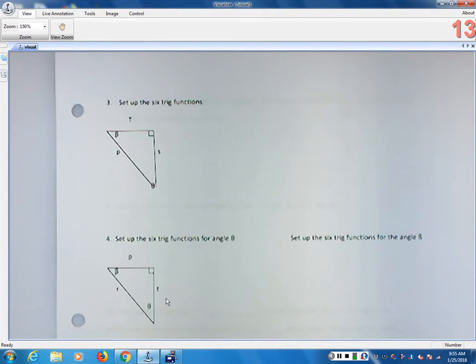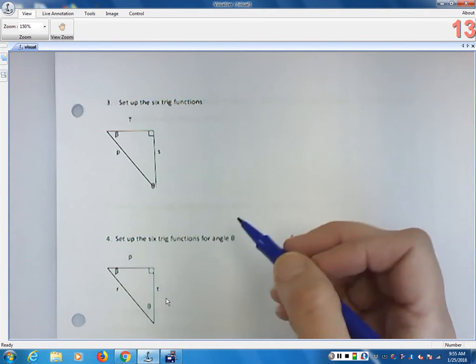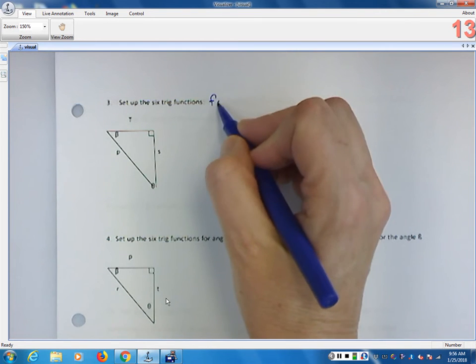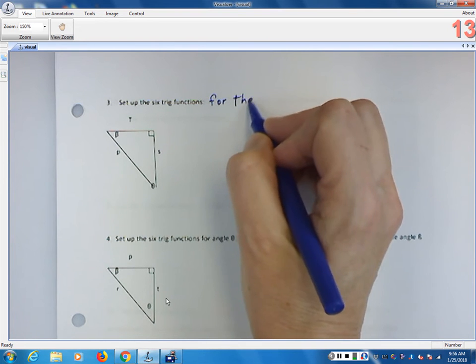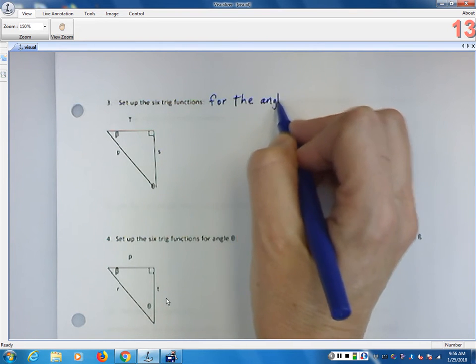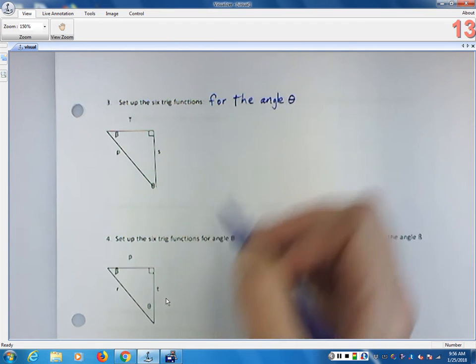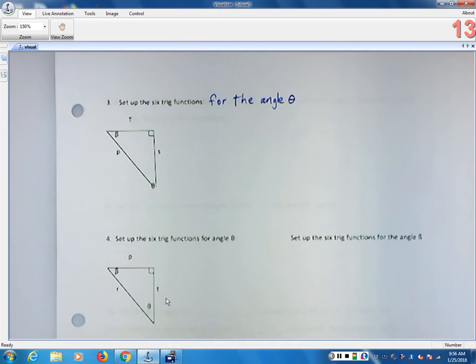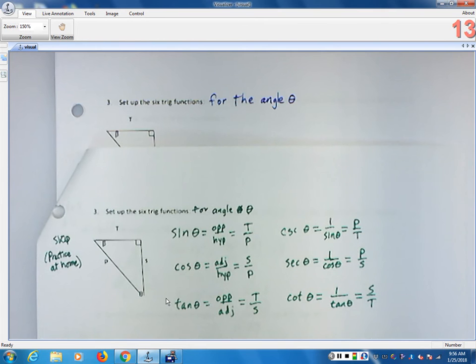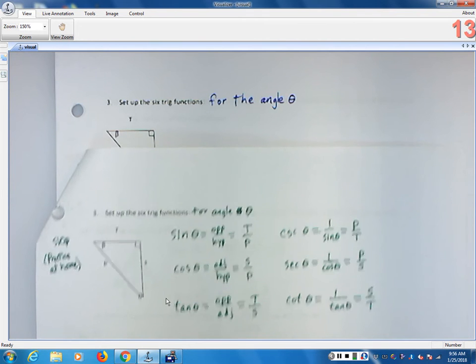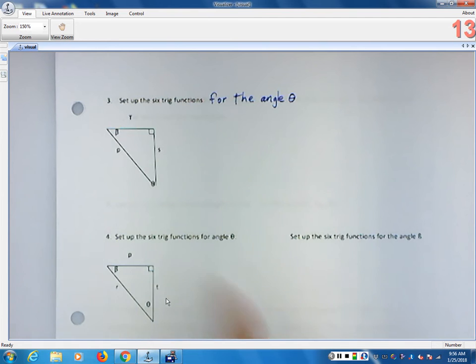We just did this for the angle theta. I have the filled in notes posted, so don't take the time in class to write all this down. It's just what we went over, practicing with different letters.